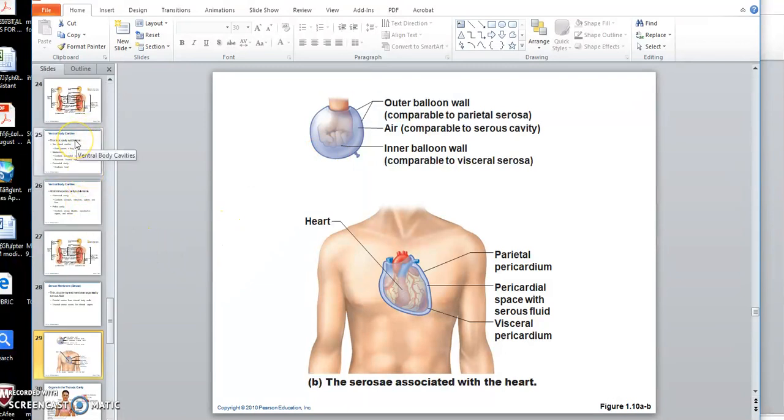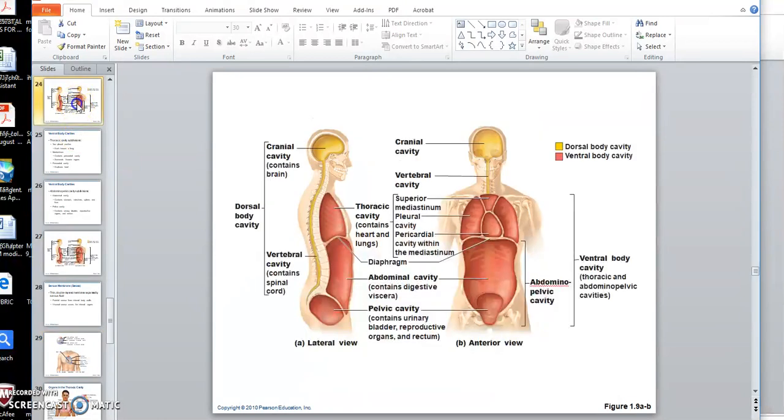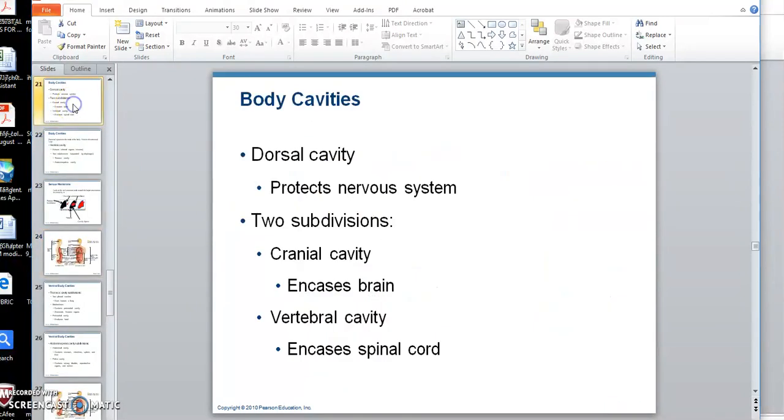Okay. So we go back then, now that we have the serous membrane, I'm going to say that on the body cavities, which are only in the trunk, we have a dorsal cavity, which protects the nervous system, and then we have a ventral cavity in the front. So we'll talk about that. Okay. All right.